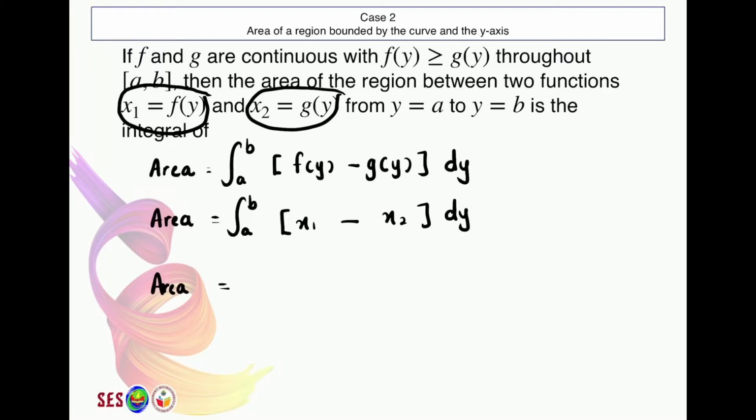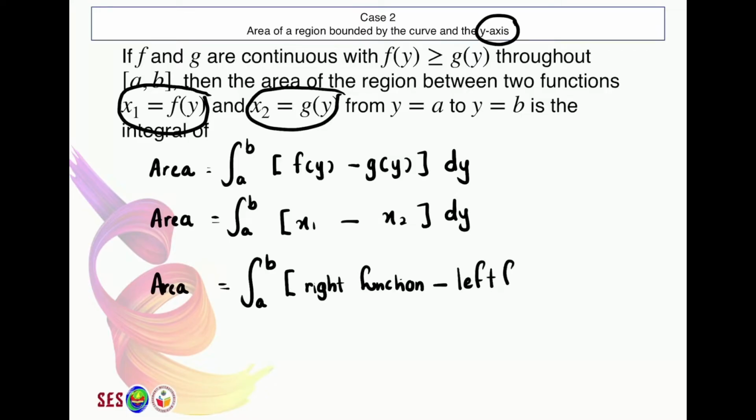However, in this case, when finding the area of a region bounded by the curve and the y-axis, it is easier for us to use this formula, which is you take the integral from a to b, and you take the right function minus the left function, and the whole thing you integrate with respect to y.